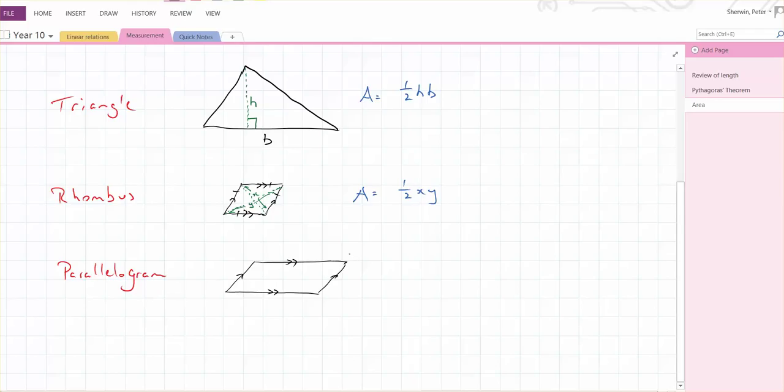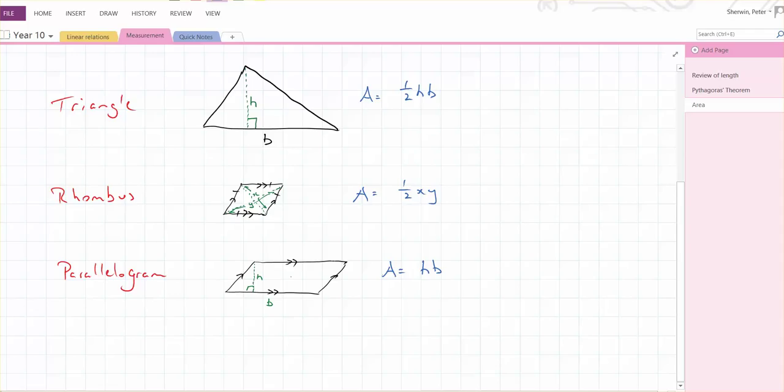But now, in order to find the area of this shape, we take the perpendicular height, and we multiply it by the base. So the area is simply equal to height times base.